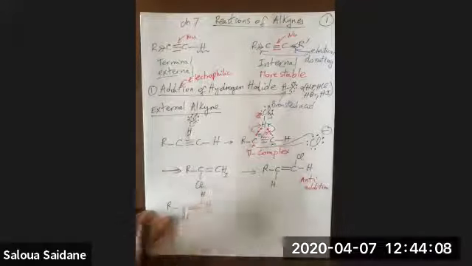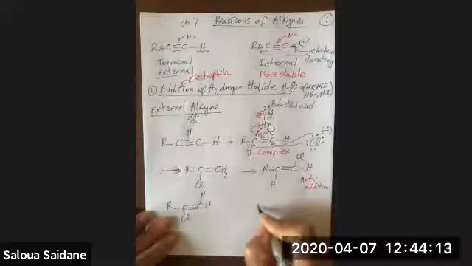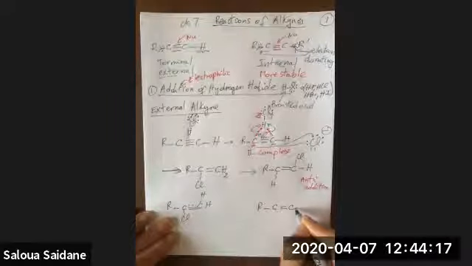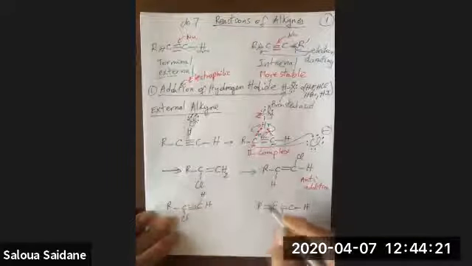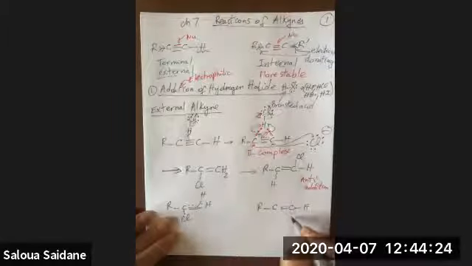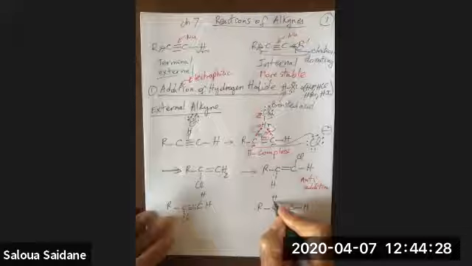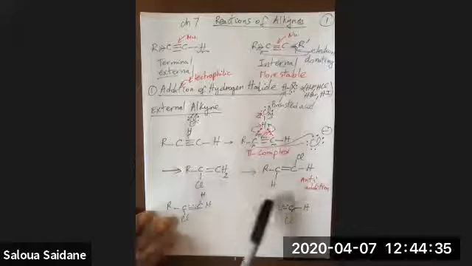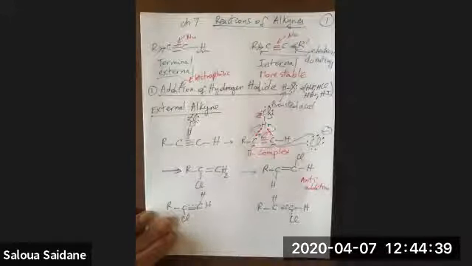So for the pink one, we have this. For the green one, we have R, C, C, H, and then I'm going to put the Cl here and the H here. So the green stuff is kind of the intermediate. It's like the process when these bonds are not completely formed.